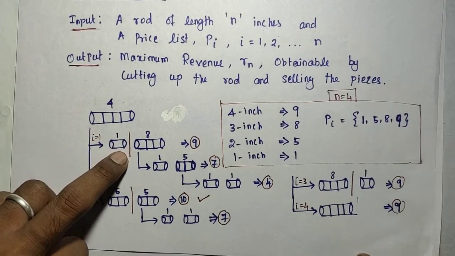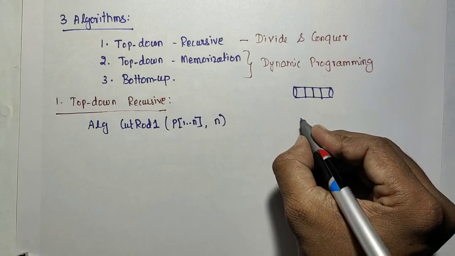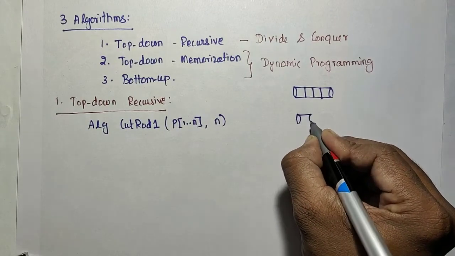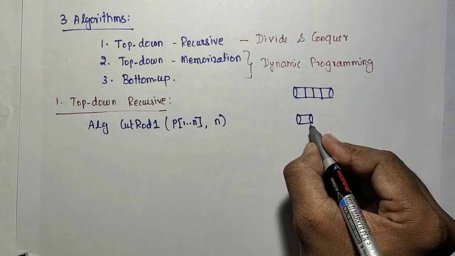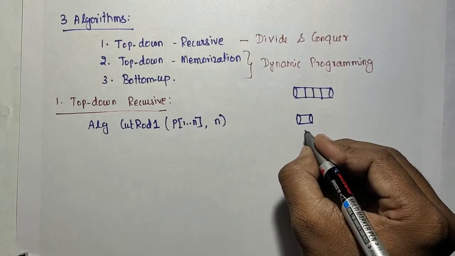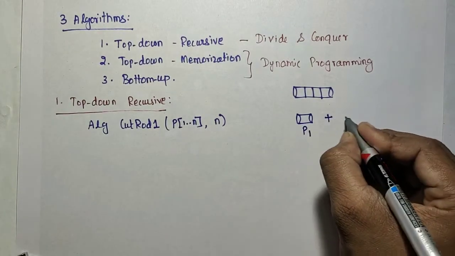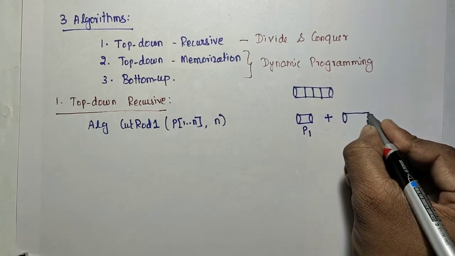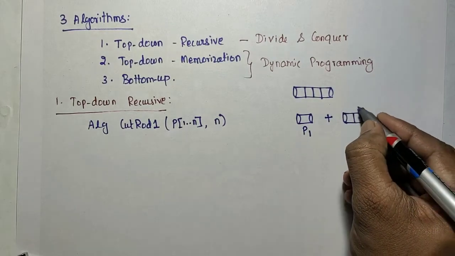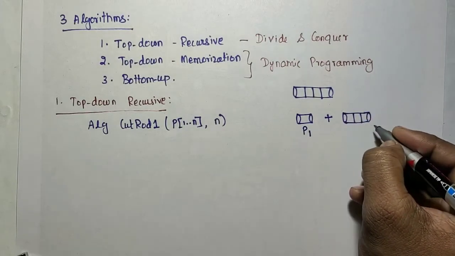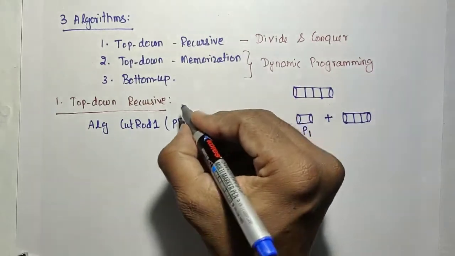If the cut is made on the first one, the possibility is we can sell the 1-inch rod as it is, so the price of that 1-inch rod is P1, plus, the 3-inch rod we are not going to sell as it is. Instead we are going to find the maximum revenue for the second piece. This algorithm is going to find the maximum revenue.